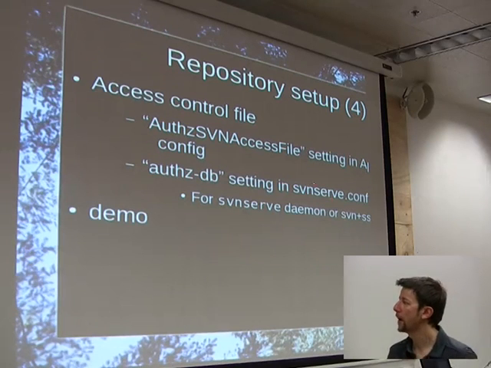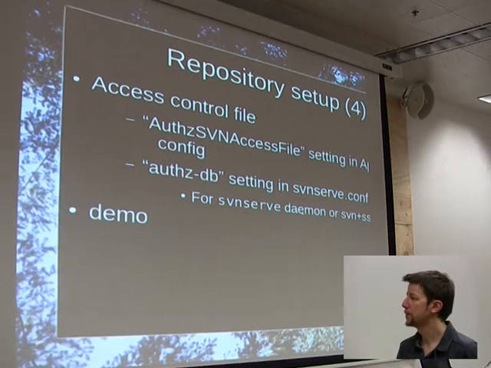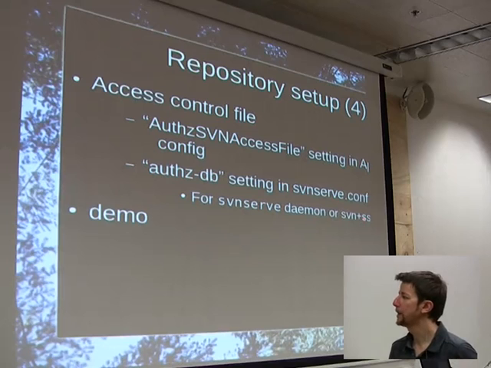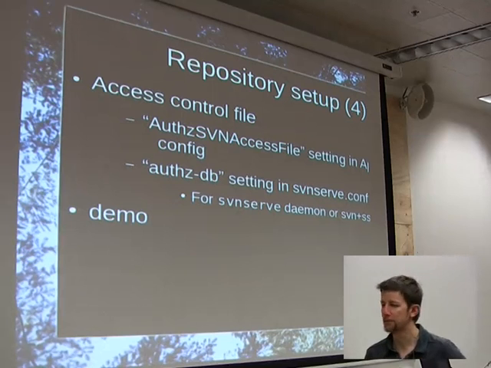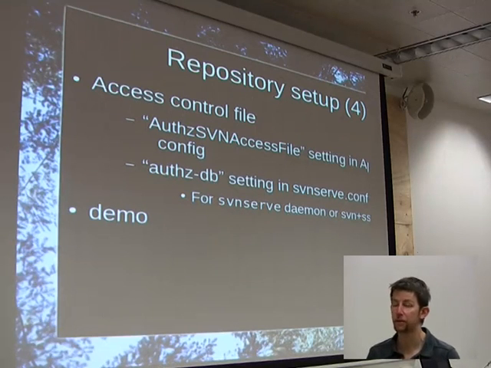Or if you're using an svnserve daemon, or a key-based SVN plus SSH, or a user-based SVN plus SSH, you will use this authzdb setting in the conf directory inside the repository. This is down at the database level again. It's not a file that you can check out from the repository.